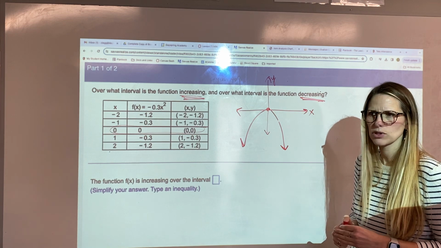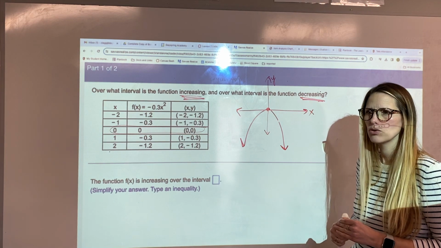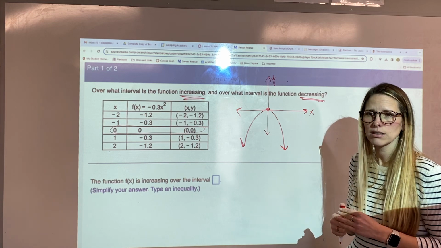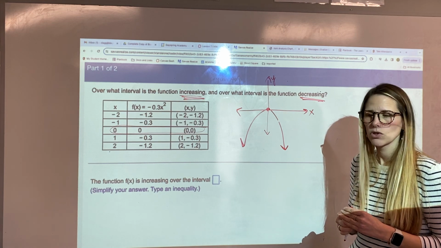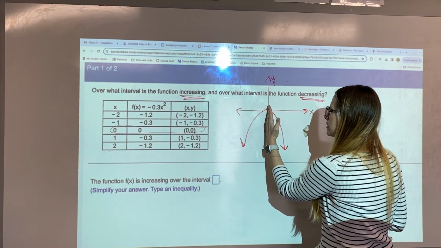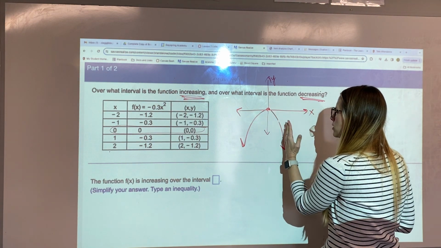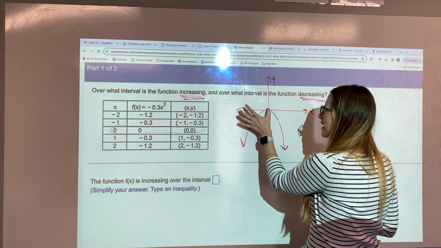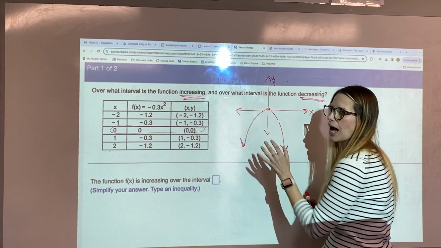How could you describe those x values? Would you say over all of the x values it's increasing? No, because when you get to this point, it stops increasing and then goes down. So what's special about the x values on this side?